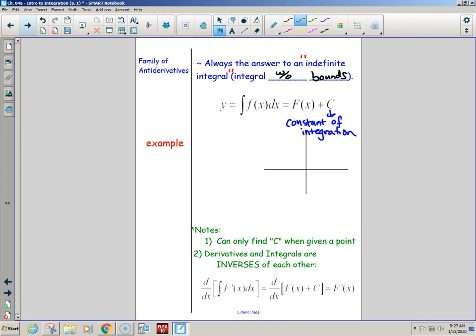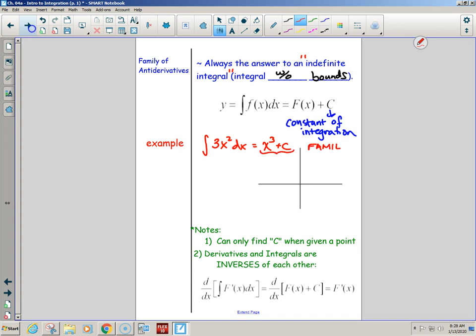Graphically, if we were talking about a family of antiderivatives, for instance, if we were to do something like the integral of 3x squared dx that we've already talked about in the past being x cubed plus c. If we were to talk about that integral, technically we would say that this antiderivative is a whole family.